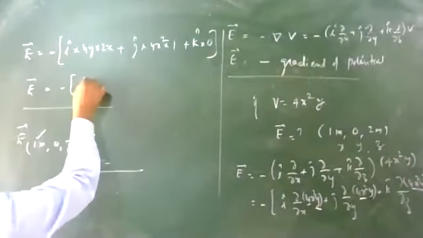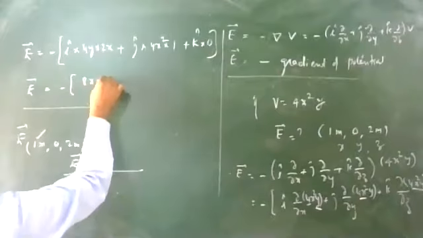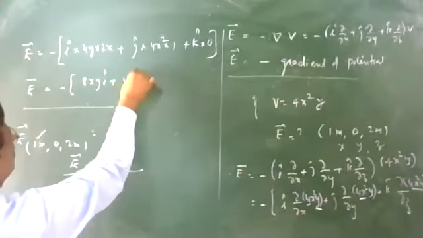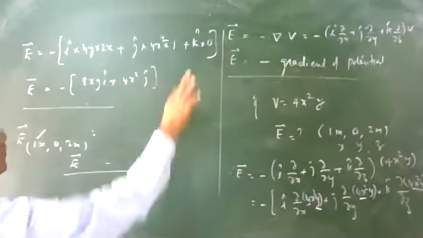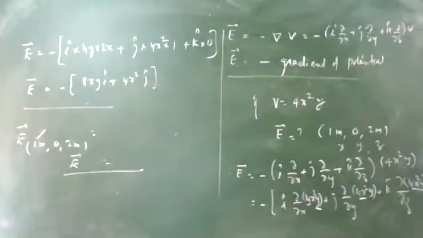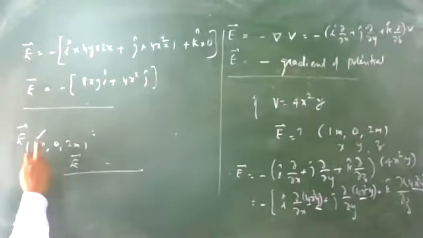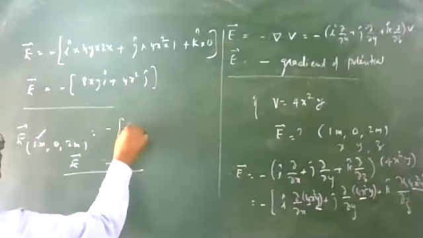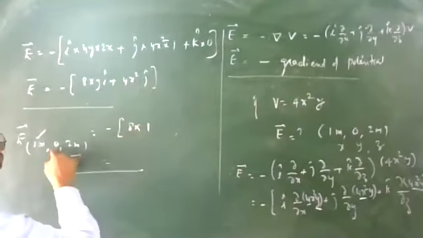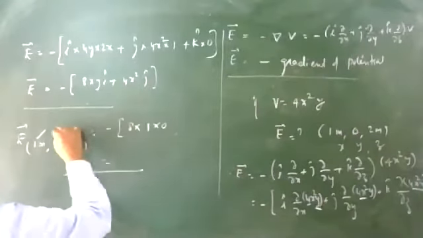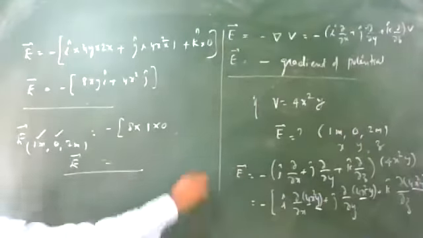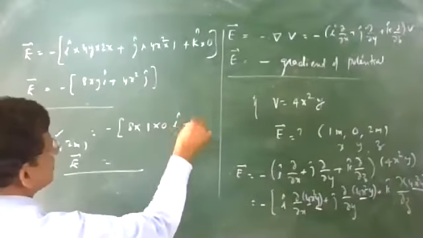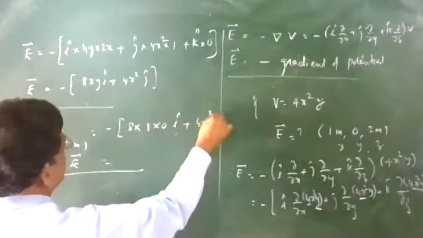Here we are getting it as 8xy I cap plus 4x square j cap, and the other will be 0. And here you will find the electric field at the point 1, 0, 2. Minus 8 into x, x is 1, y value is 0, I cap, plus next one 4x square, 1, j.